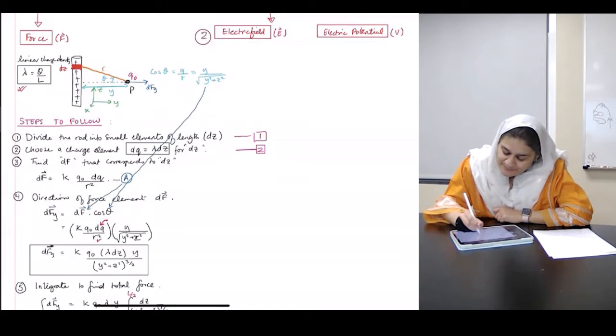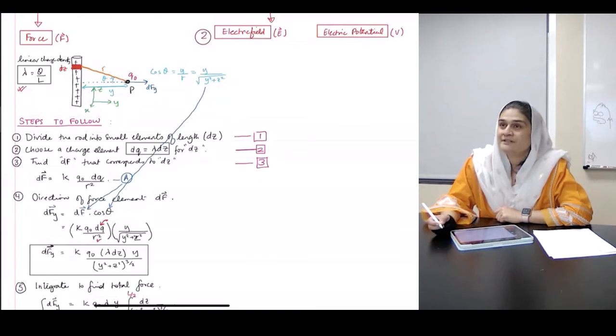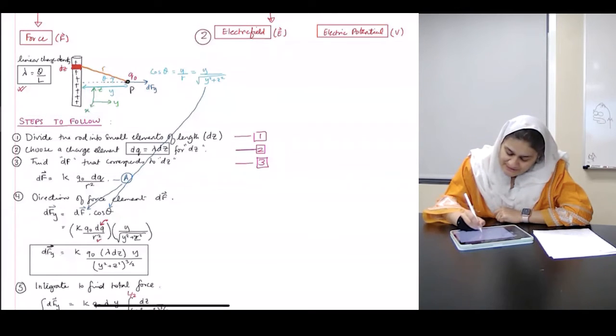So the step number 3 will be slightly different, and it will give us dE equal K Q dQ over R squared.